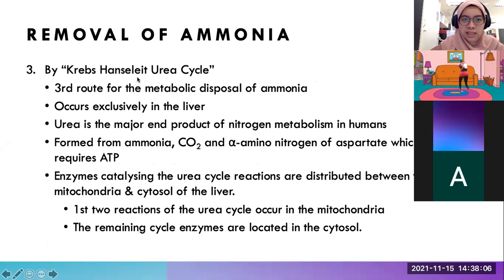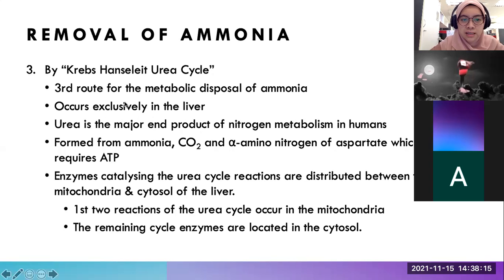The next one is the urea cycle. This is the third route for the metabolic disposal of ammonia, and the urea cycle takes place exclusively in the liver. Urea is the major end product of nitrogen metabolism in humans.